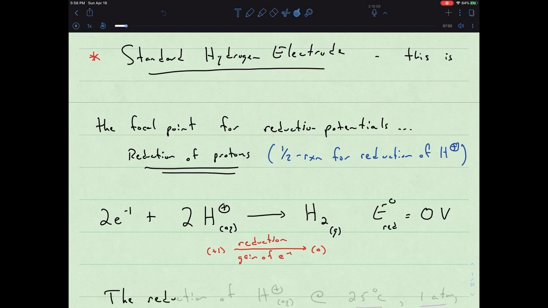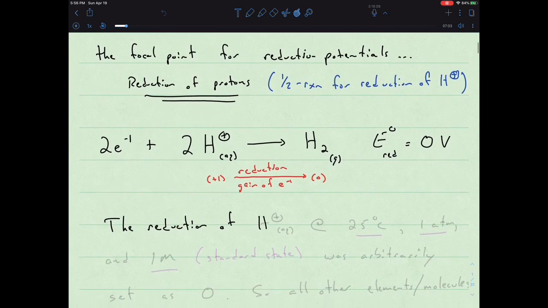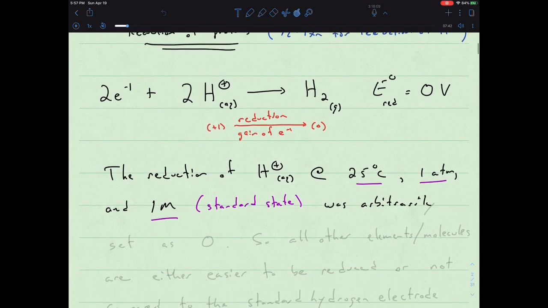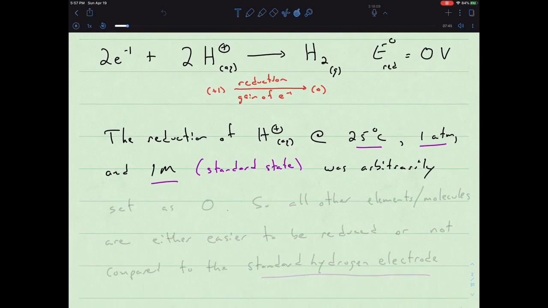And so the reduction of protons, at 25 degrees Celsius, 1 atmosphere, and 1 molar, remember, that's what standard state is, was arbitrarily set as 0.